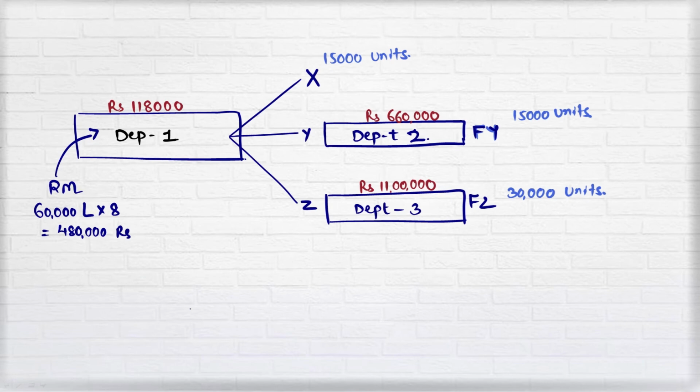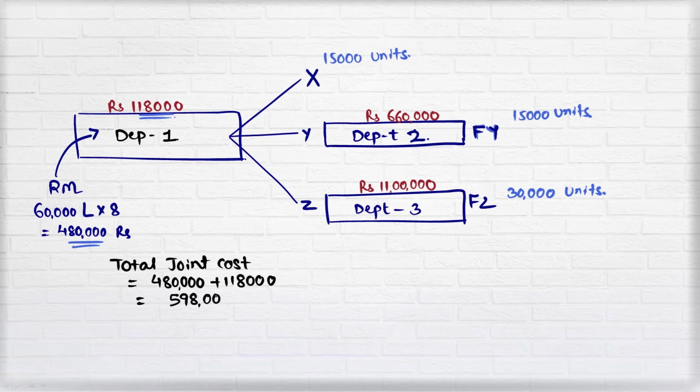I need to allocate this joint cost. Let me find out the total joint cost. One lakh 18,000 plus 4 lakh 80,000, it is 5 lakh 98,000.